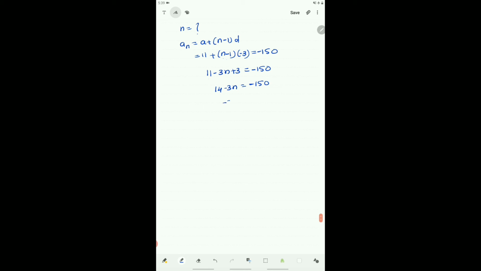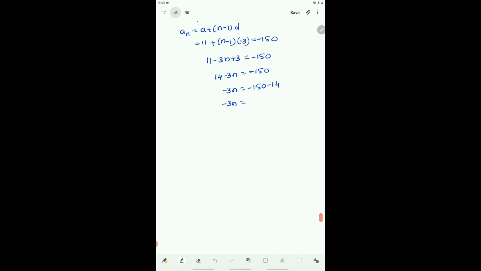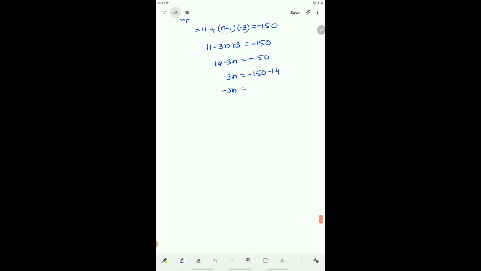Then minus 3n = minus 150 minus 14, which is minus 164. Then n = minus 164 by minus 3. Try to cancel, and check whether you are getting a positive integer or not.